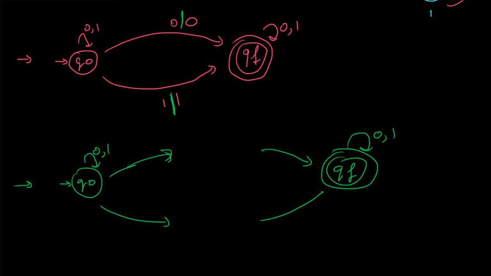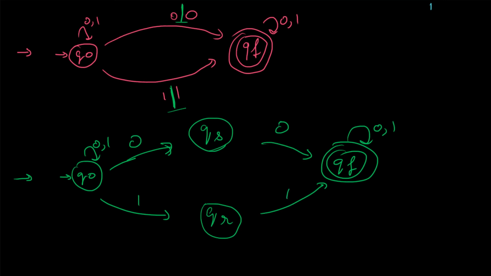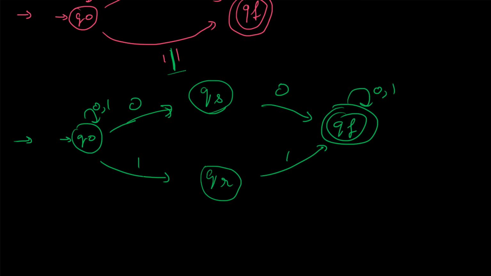We just create a new state in between these two as we did earlier. So we'll have a QS and a QR. These are the two states. We got two states. And okay, so this is what this looks like: 0 0 0 1 1 1 and 0 0, right?